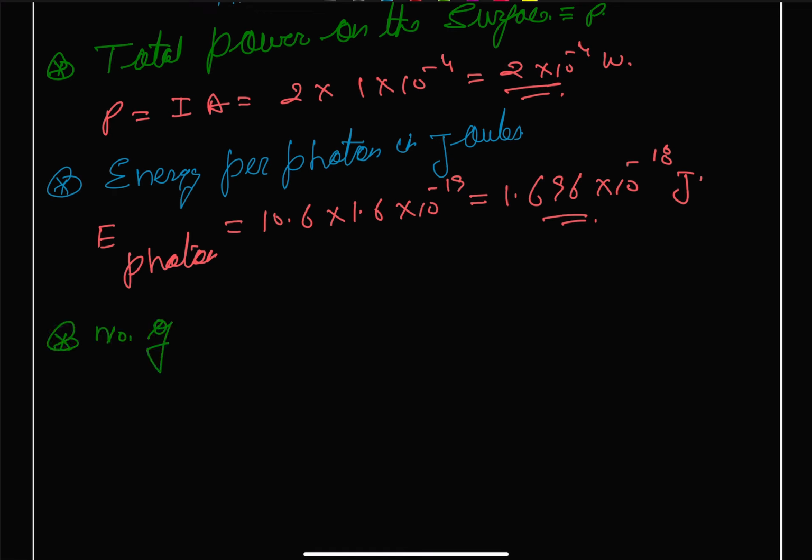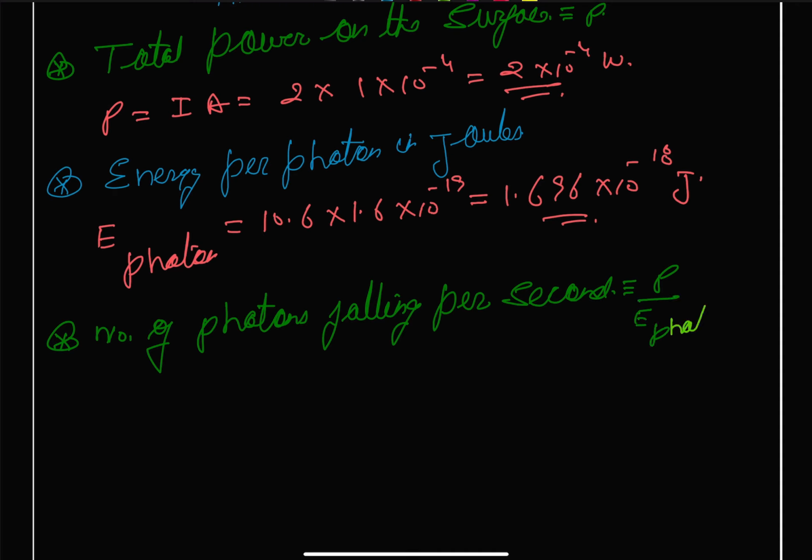Number of photons falling per second. That is our power divided by energy of the photon.